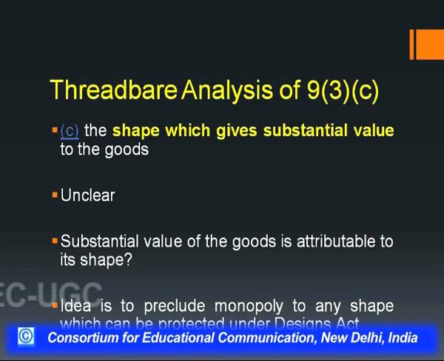Well, when the shapes are registered as designs, and on the other hand, in the case of trademark law, the shapes are also eligible to be given trademark protection, the scope of conflict and contradiction remains high.